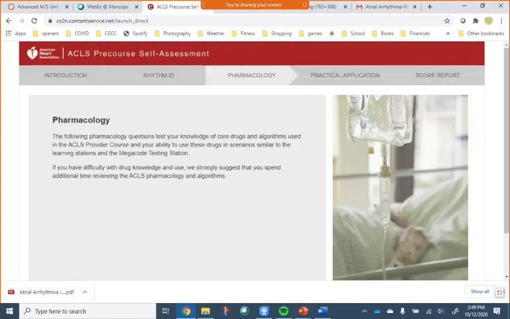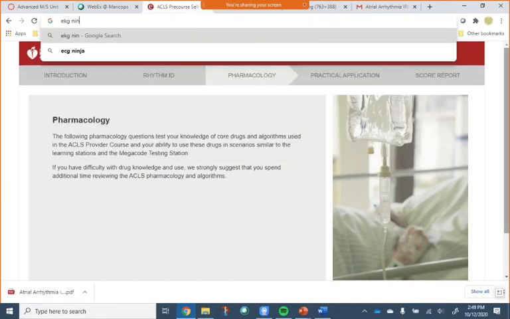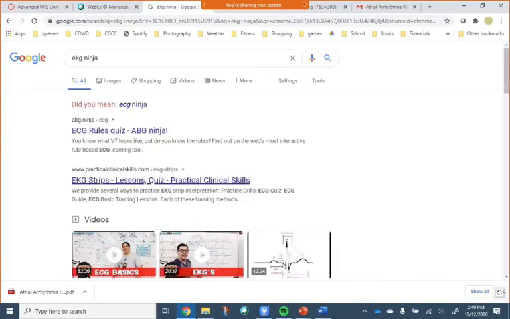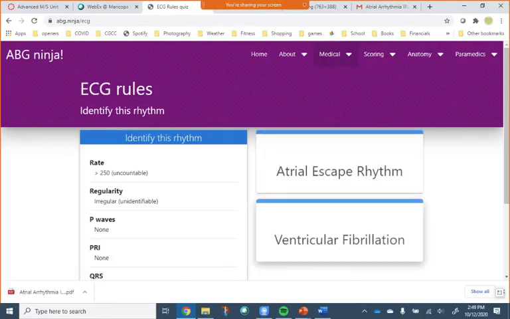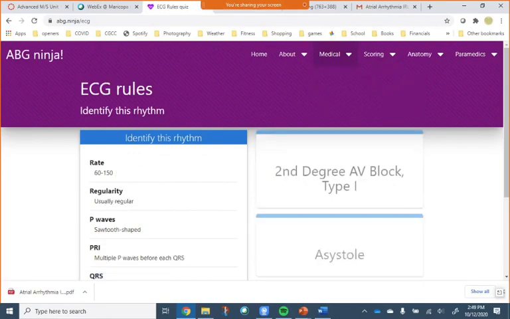You don't have to go through all the rest of it, but like I said, there's that. And then there is EKG Ninja, which does very much the same thing. Not this one. Not the rules.